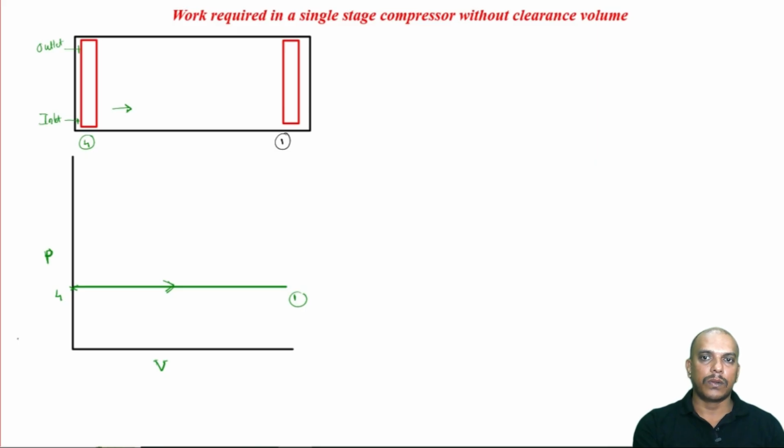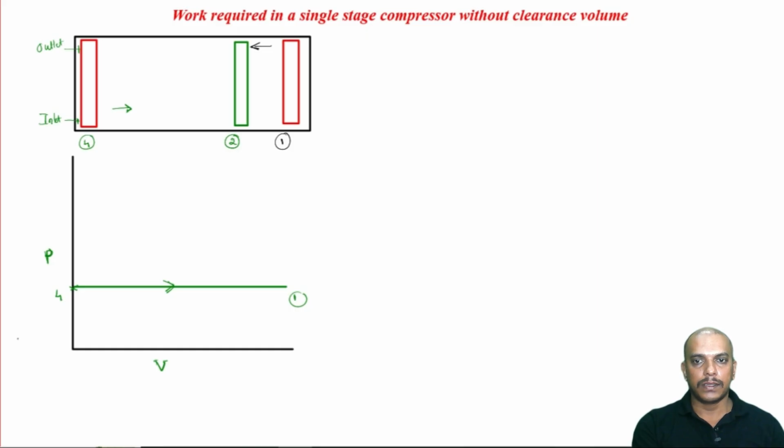Both the valves will be closed and the piston starts moving from right to left. Let us say this is our 1 to 2. Actually 1 to 2 is a compression process where both the valves are closed.